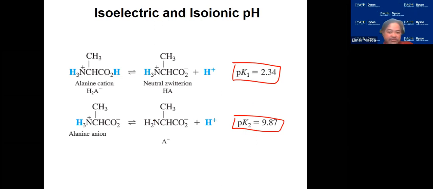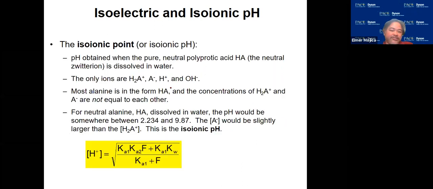So when they're talking about the isoionic point, this is the pH obtained when pure neutral polyprotic HA is dissolved in water. And the only ions that you have there are H2A plus, A minus, H plus, and hydroxide. So if it's alanine, most alanine is in the form of HA, and the concentrations of H2A plus and A minus are not equal to each other.